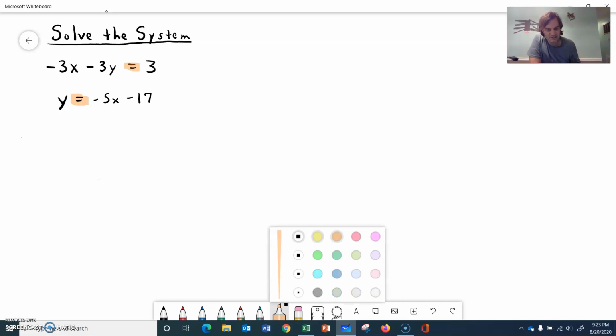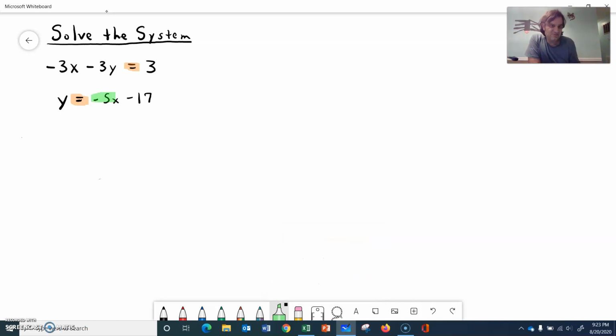But if we wanted to try substitution, we always start by getting a variable by itself, and y is already by itself. Y in the second equation is negative 5x minus 17. Which means substitution would be a good method because we can take that and plug it into the first equation. So the method I'm going to start with is the easier of the two, which will be substitution.